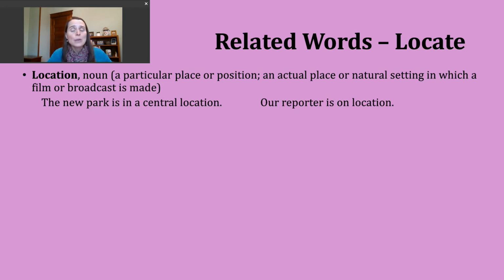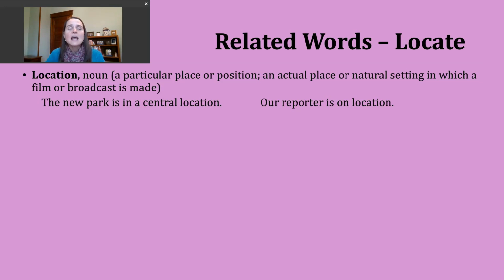Another way the noun location gets used is to refer to the actual place or maybe a natural setting. And this could be used when we're talking about a movie. So here we're not talking about being in a studio, having a set that pretends to look like something, but we're actually in the spot.